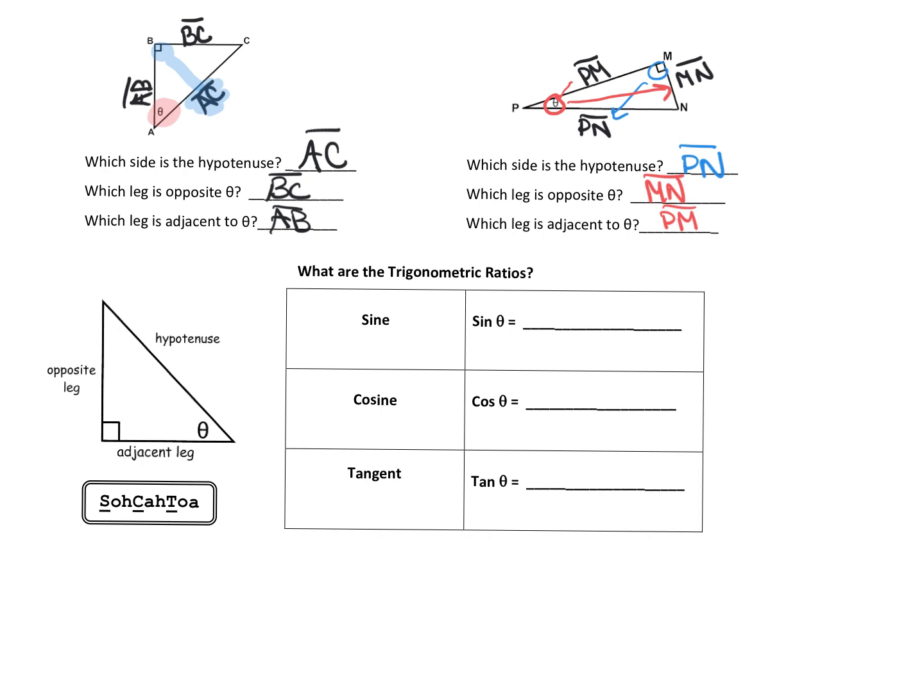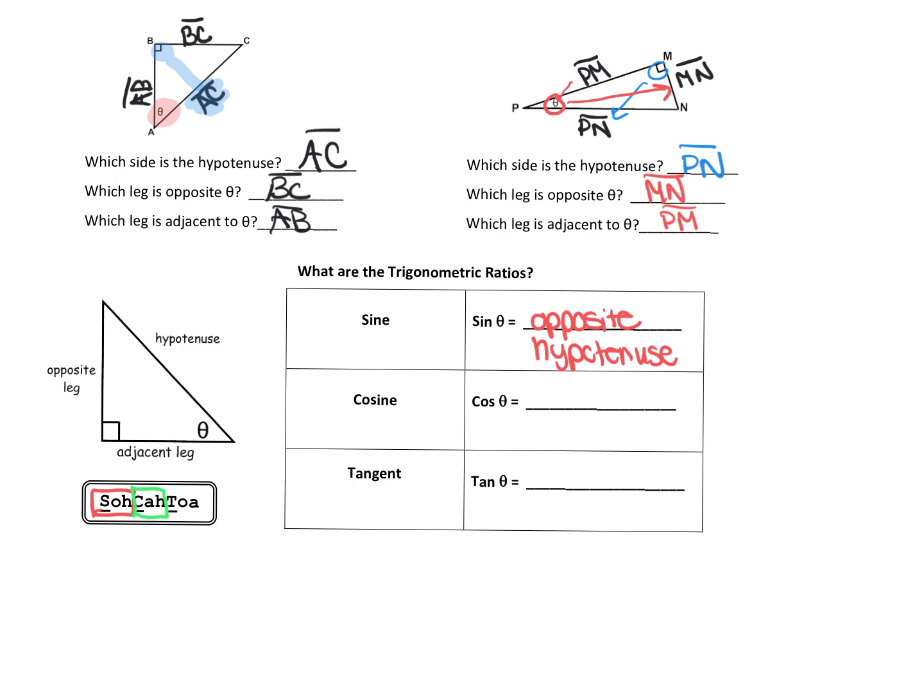So what are my trigonometric ratios? A long, long time ago in geometry, you learned this acronym SOHCAHTOA. The SO piece stood for sine equals opposite over the hypotenuse. The CA piece was cosine.